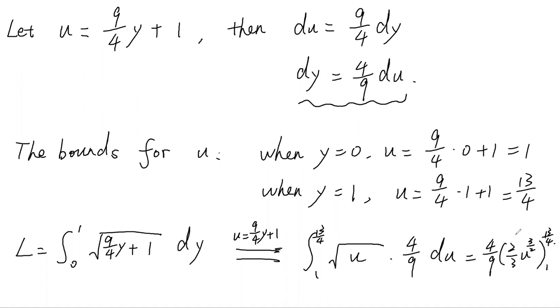This part is from the integration of the square root of u. And the square root of u is just u to the 1/2. So it's similar to the example we did yesterday. You get 2/3 times u to the 3/2.